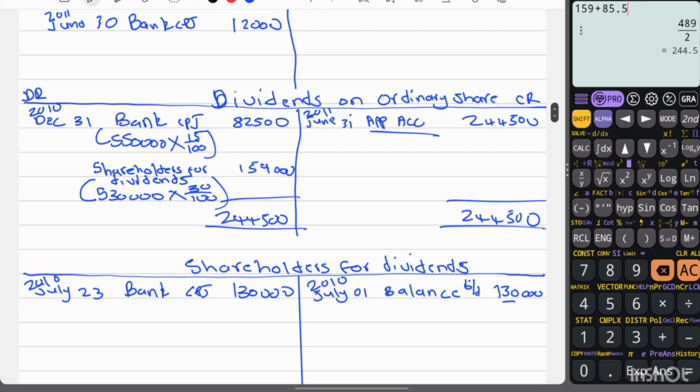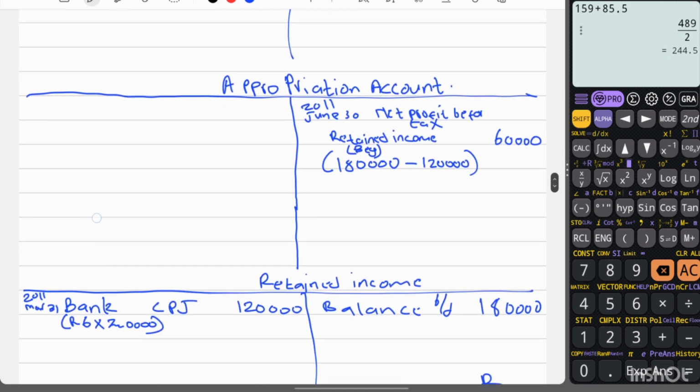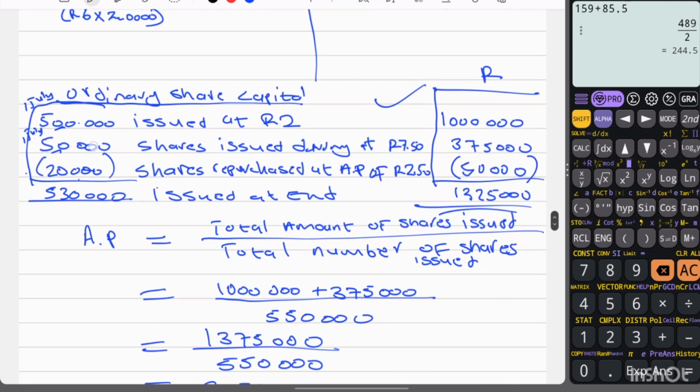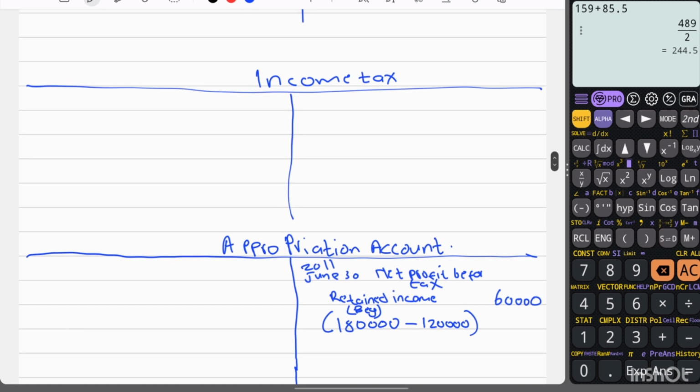Remember, if on the dividends on ordinary share account it's on the credit side, it means on the appropriation account it must be on what? On the debit side. Let's go and put it on the debit side of the appropriation account. This one is going to be 30 June 2011, at the end of the year.